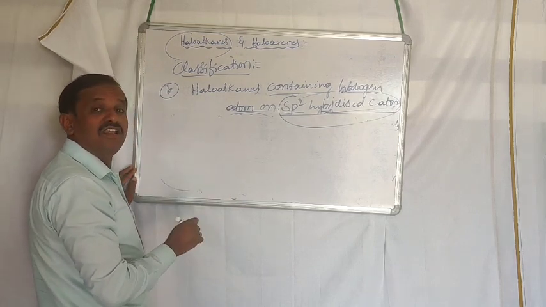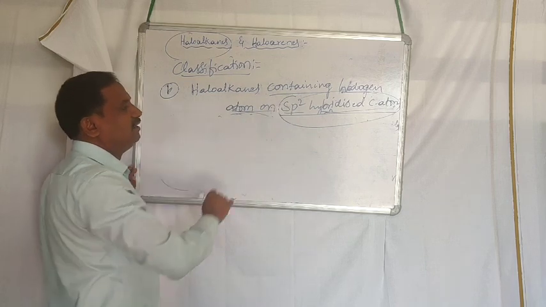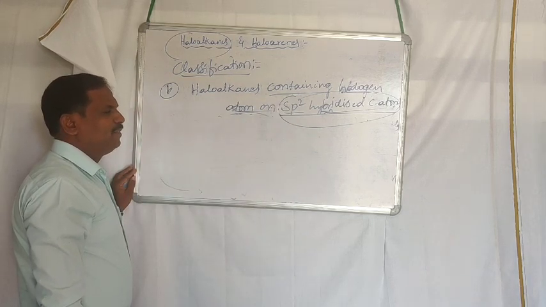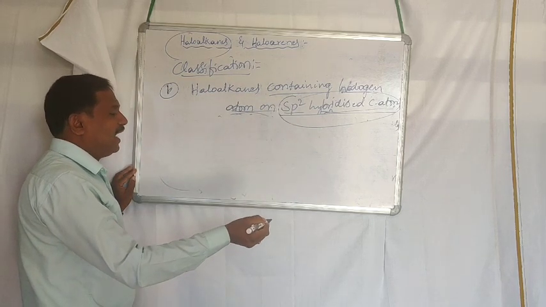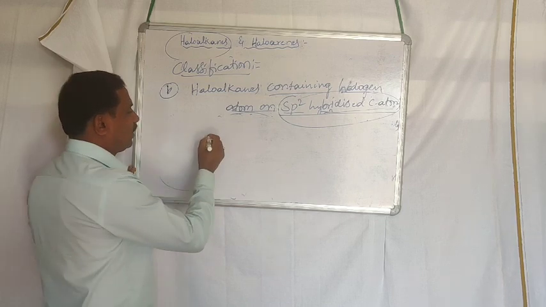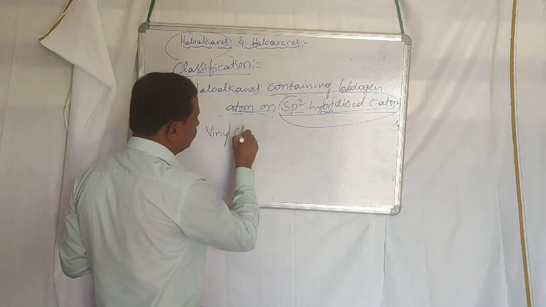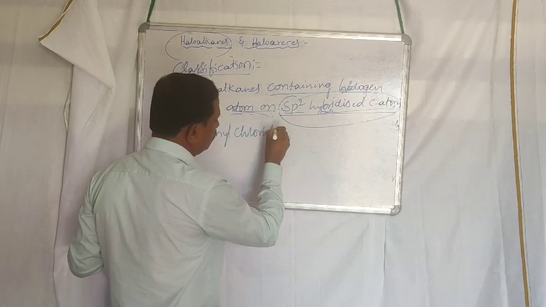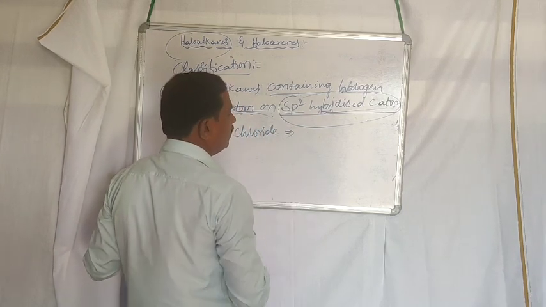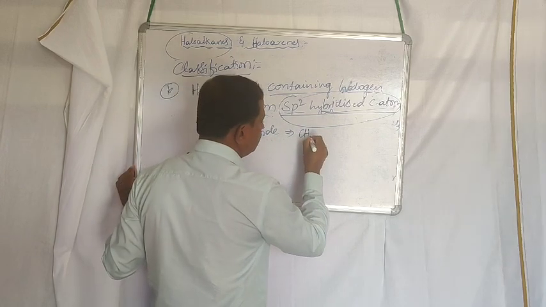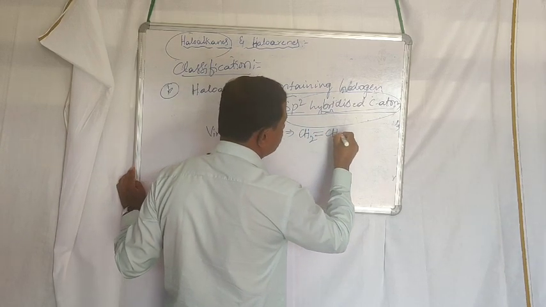an aliphatic chain. It's very simple. Example, you take vinyl chloride, that is CH2=CHCl.